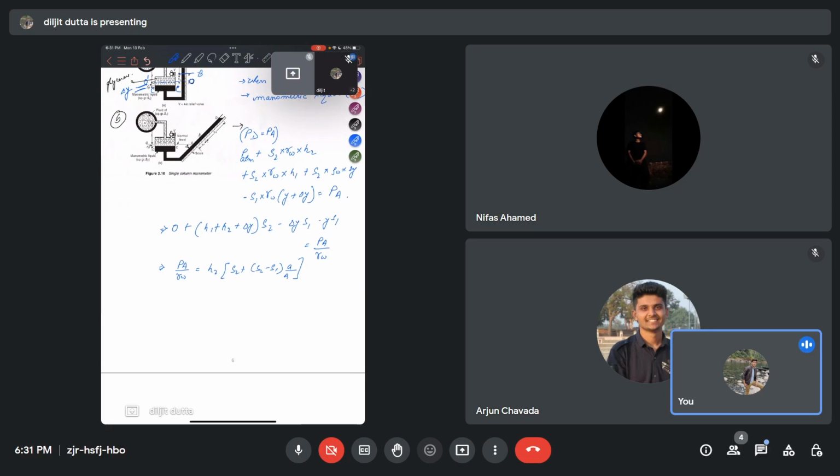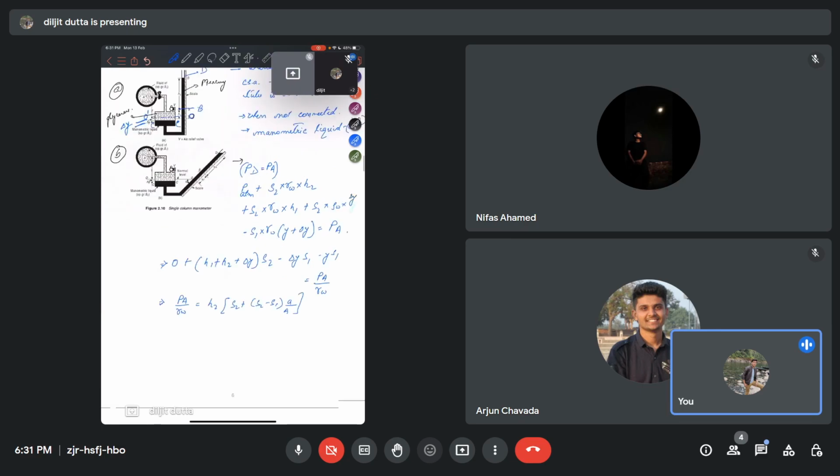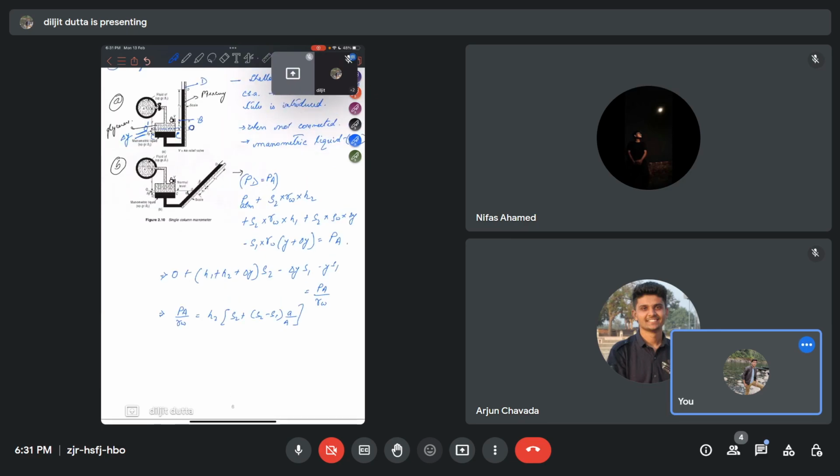And see how this comes. We also have one equation. When we displace the column in the reservoir by delta Y due to the force exerted from the fluid flowing in the pipe, at the same time there is a rise in height of mercury by a height of H2.